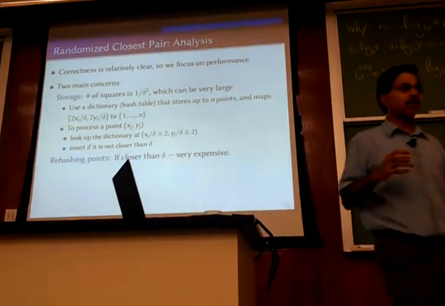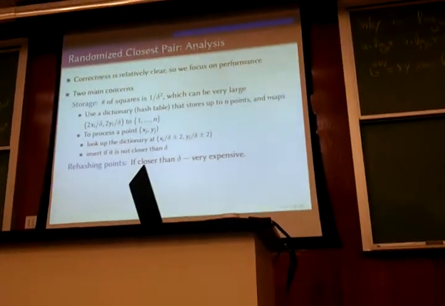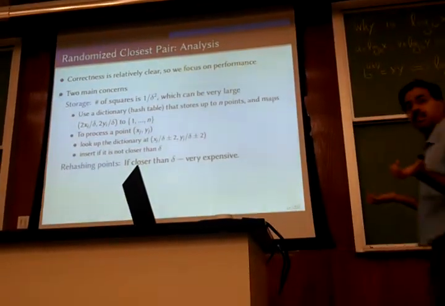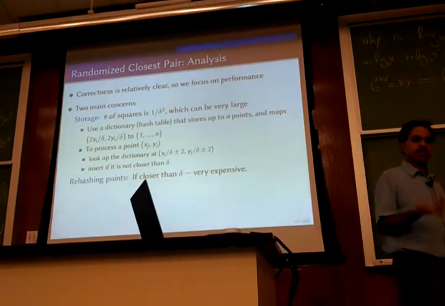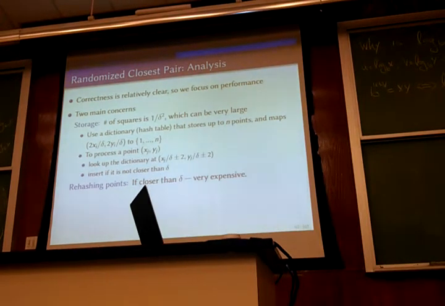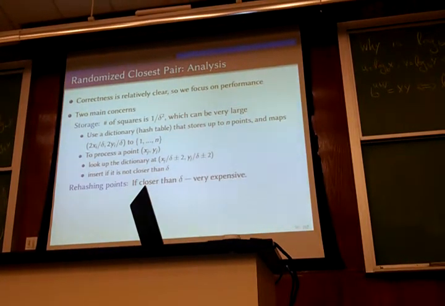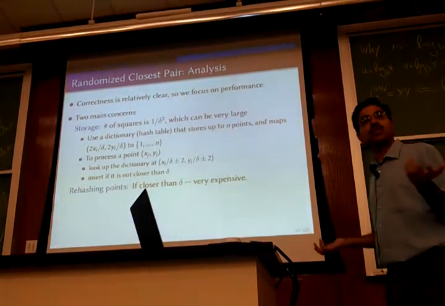And you would like it to be order of n or order of n log n algorithm. But if you do this stupidly, or let's say you get very unlucky, and each time you consider the k-th point, everything has to be rehashed, well, then you will have an order of n square algorithm, right?